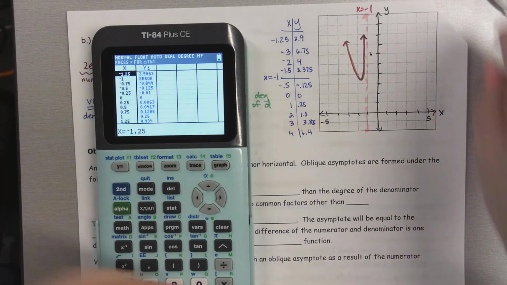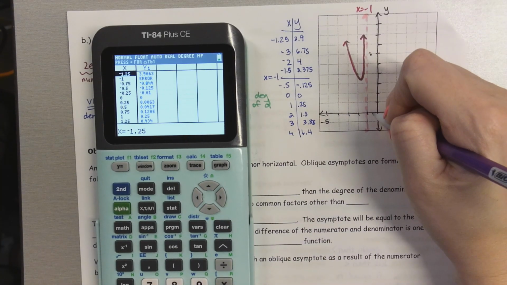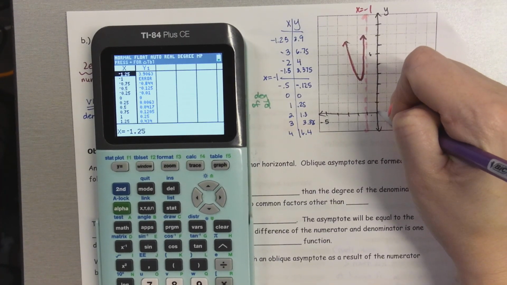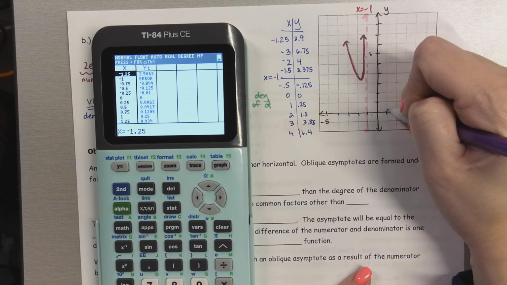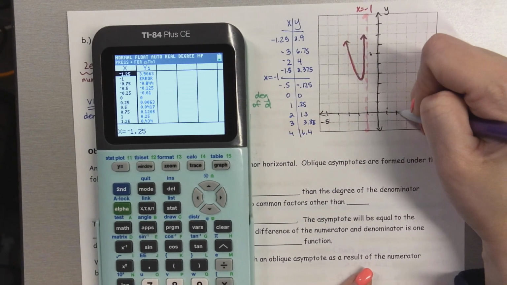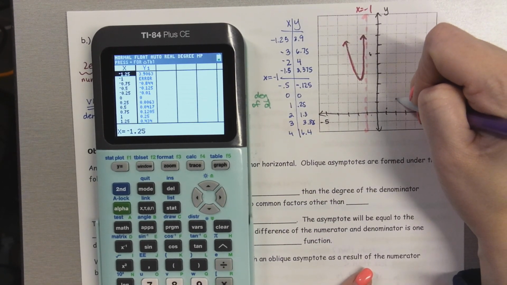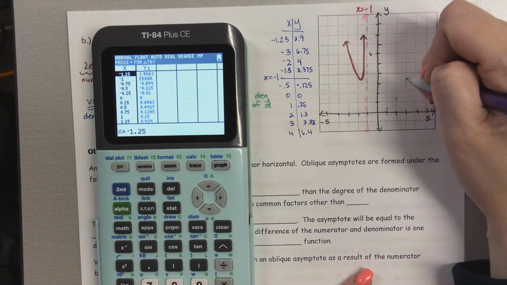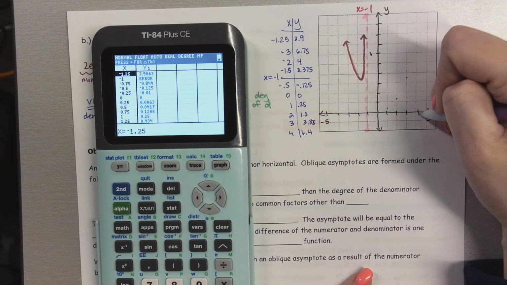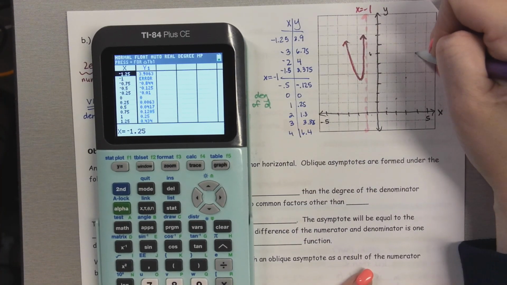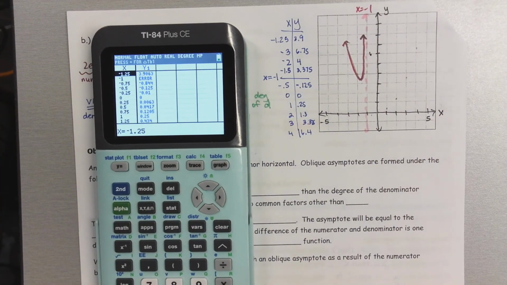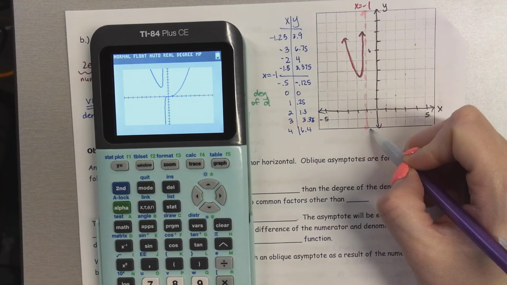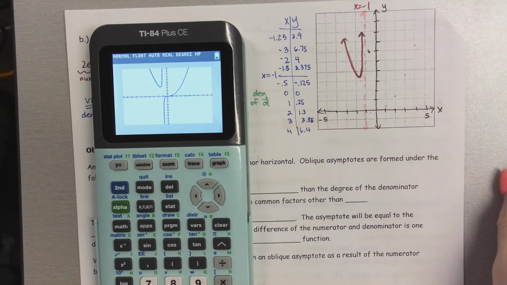Okay, and then here at -0.5, I'm really close to the line, and then I have 0, 0. I have 1.25, which is about 1/4, 1 1/3, 3, I'm at 1, 2, 3.38, and 4, I'm at 6.4.